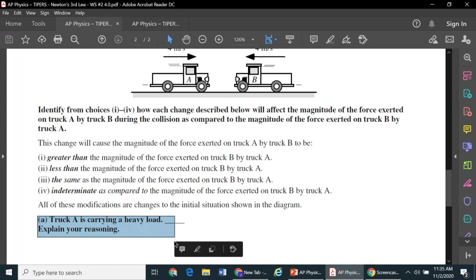It says here in the text of the question, you want to identify from the choices how each change described below will affect the magnitude of the force exerted on truck A by truck B during the collision as compared to the magnitude of the force exerted on truck B by truck A. So basically what they're saying is when the force exerted by A on B is a number, what can you say about the number for the force truck B exerts on truck A?